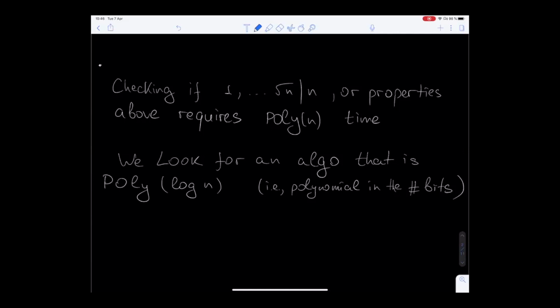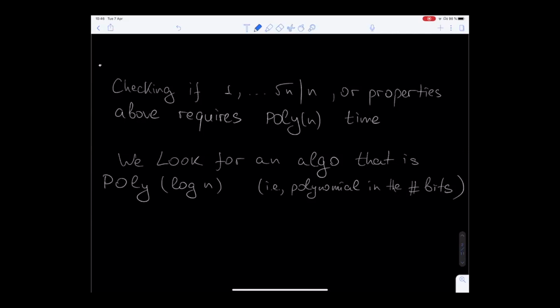And all these algorithms that we described before, including trial division, require a polynomial number of operations in n and not in log n. Okay, this is our goal, to get an algorithm polynomial in log n.